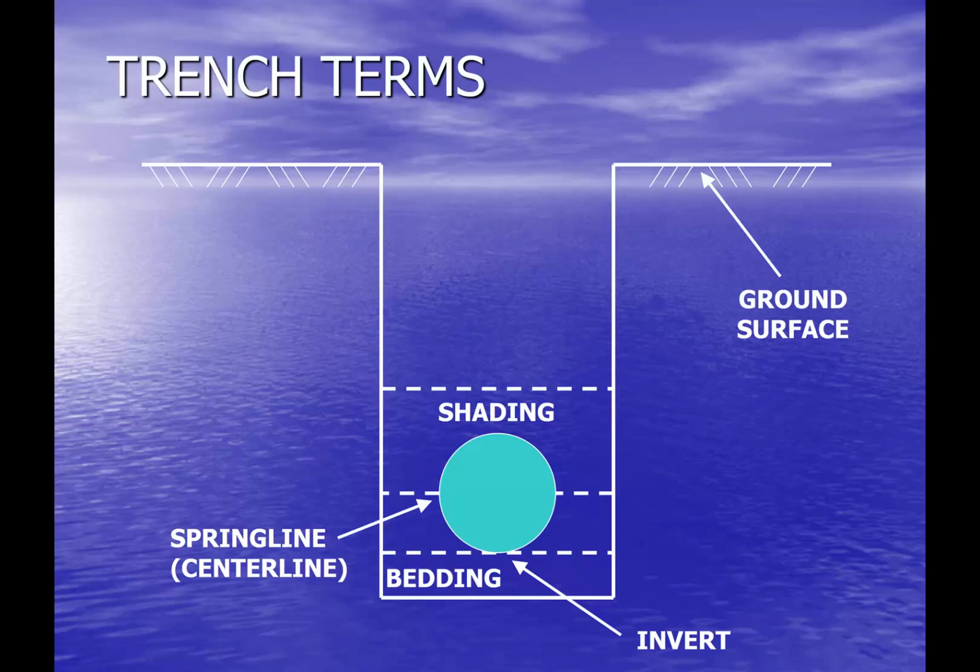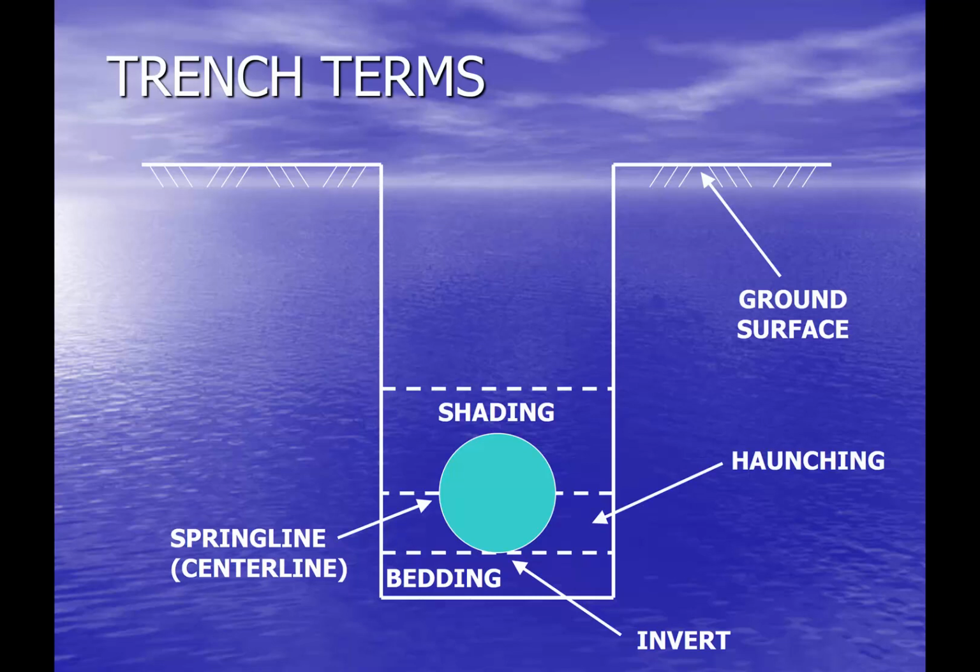The area around the pipe, the backfill compaction of that material is critically important to the overall stability of the pipe. And so usually you'll have some sort of material around the pipe, oftentimes sand, that is easy to compact and can provide uniform support for the pipe.